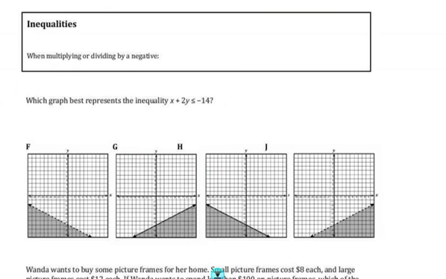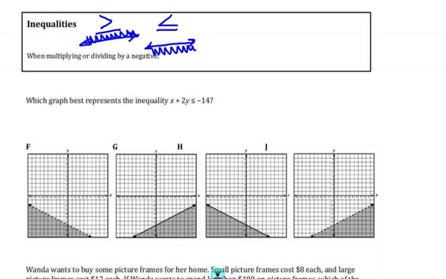Alright, last thing to talk about is these inequalities. So remember, if it looks like this, it's going to be a solid line, and we're going to shade above the solid line if it's greater than or equal to. If it is less than or equal to, it's also going to be a solid line, but we will shade below on our graph.